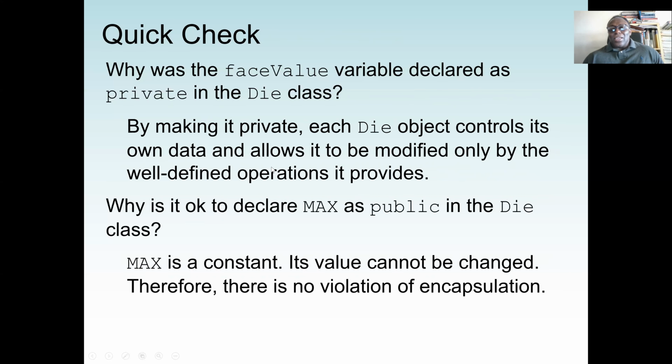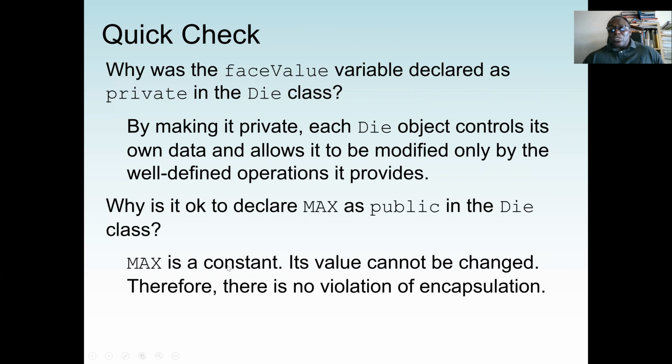So they say by making it private, each Die object controls its own data and allows it to be modified only by the well-defined operations it provides. So other classes outside this class cannot modify it or directly access it. Now, why is it okay to declare MAX as public in the Die class?